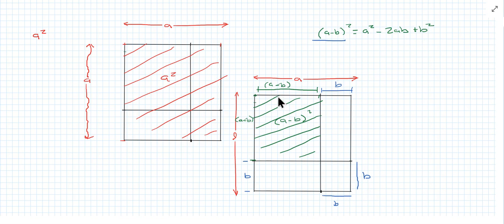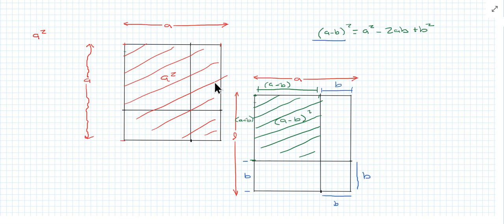So what we're trying to figure out is, what is (a minus b) squared in terms of the whole square? It's only part of this bigger square.